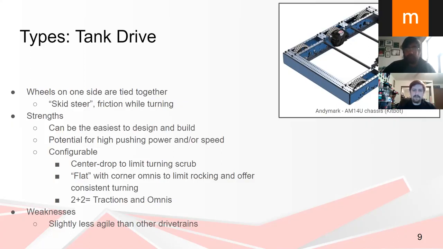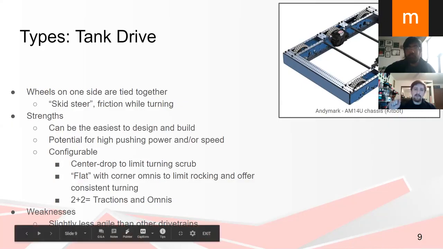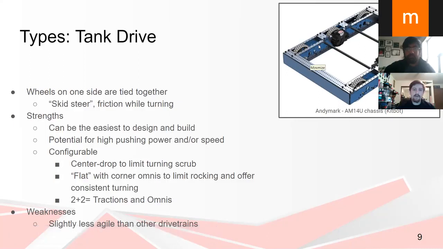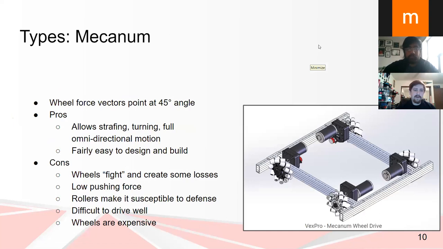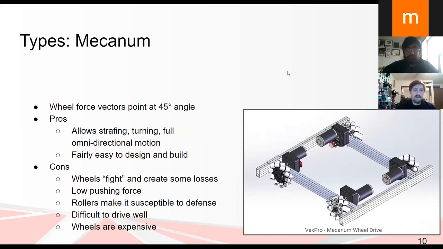There are also some things you can do with changing out some of the wheels, so you don't have to use all traction wheels. Some teams will use omni wheels in the corners to reduce some of the turning scrub. Sometimes the middle wheel will be dropped a little bit from where it is on the side of the drivetrain. It's called the drop center, and that also allows you to turn a little bit better. So there's a lot of different things you can do with that.